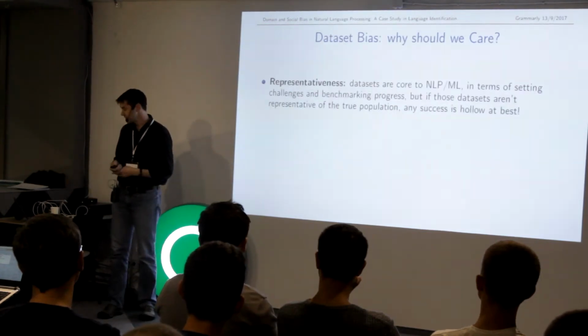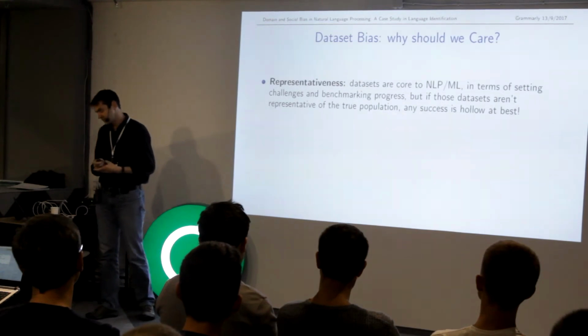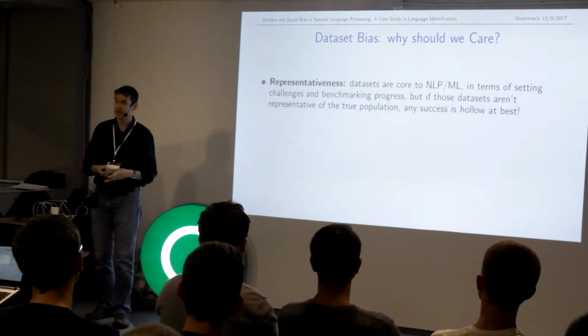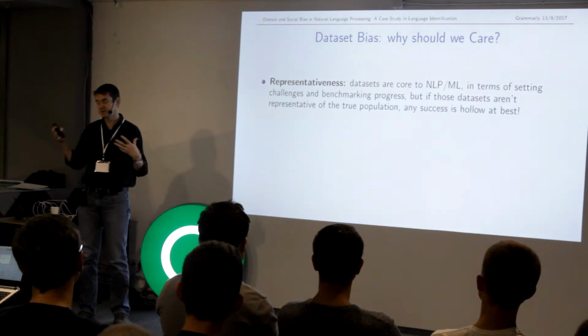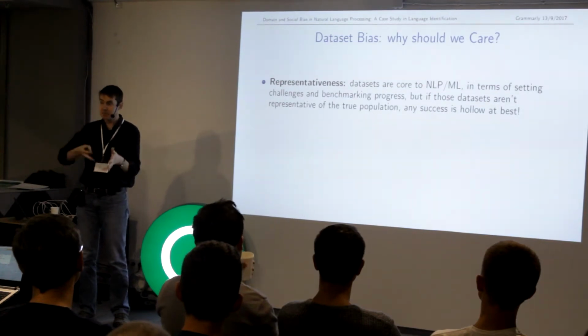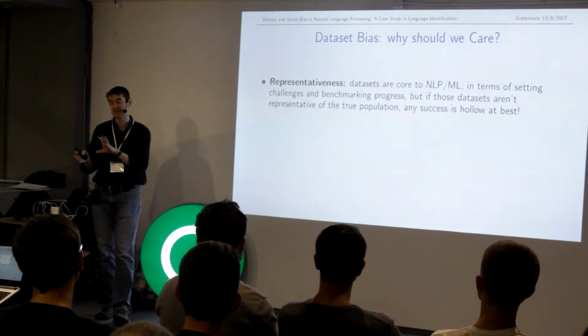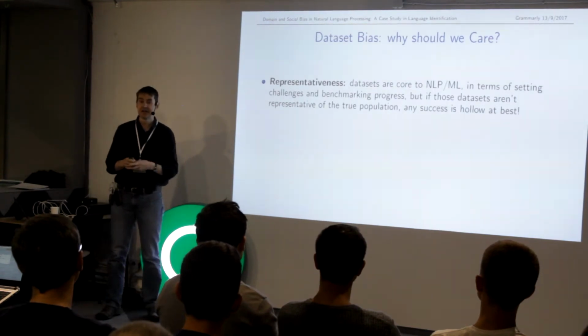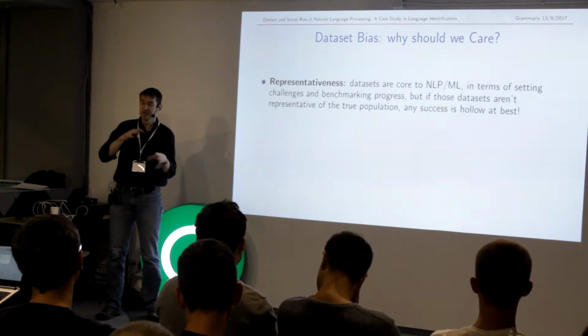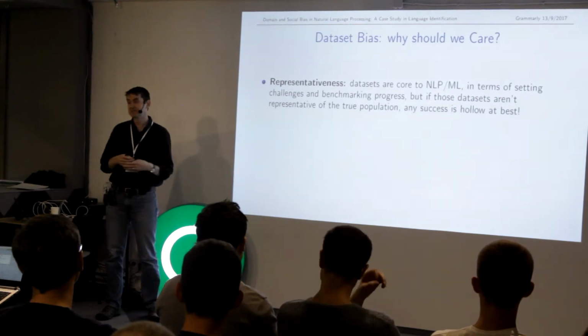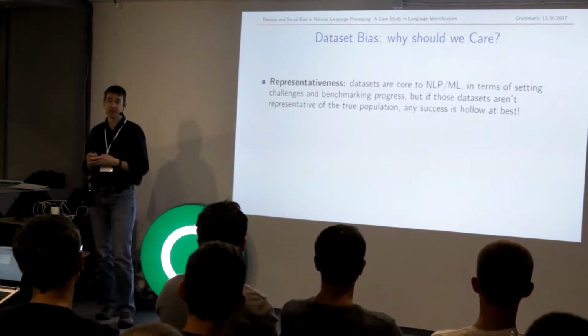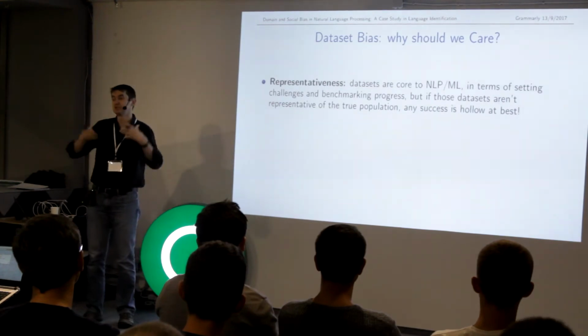Right, so then dataset bias. So why do we care about dataset bias? Well, because we want to be able to believe that the numbers that we're generating are truly representative of whatever task it is that dataset is meant to represent. And if there are intended or otherwise biases in our dataset, then whatever task it is, we're not capturing.